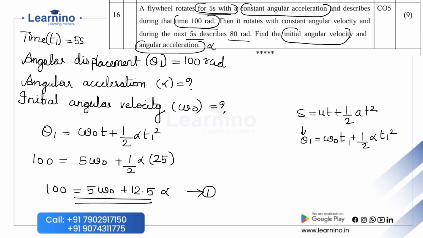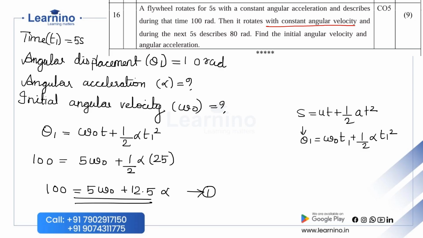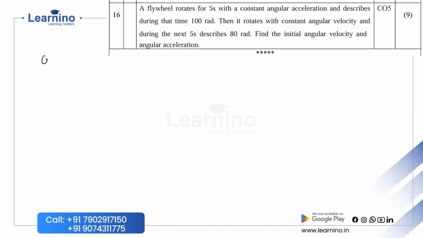Okay. Next, in this question, they have given that in the first 5 seconds it has a constant angular acceleration and it describes 100 radian. Then it rotates with a constant angular velocity for the next 5 seconds.